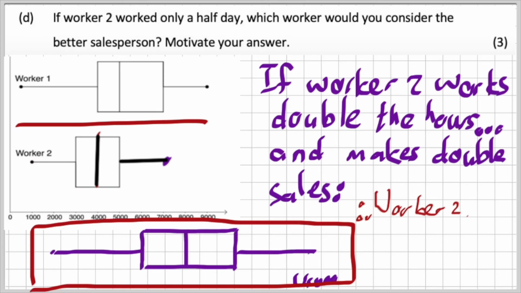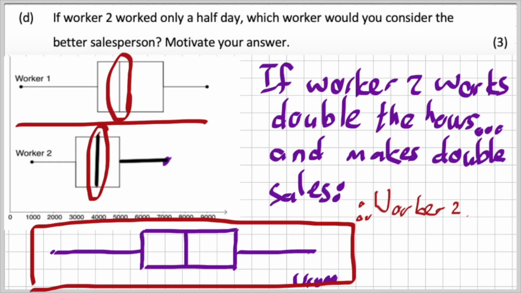Now, because they're telling me motivate your answer, I could go and look at this and say, well, even if we just look at the median, it is 4,000 there, and worker 1, which works full day, is at 5,000. Think about it.